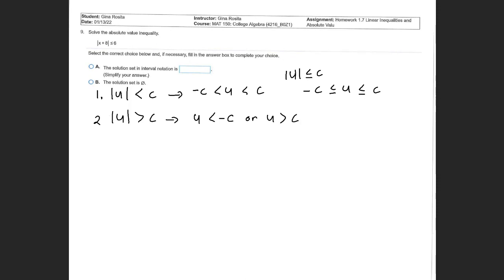It's the same with greater than or equal to: absolute value u greater than or equal to c gives u less than or equal to negative c or u greater than or equal to c. The rule is the same, just change with less than or equal to or greater than or equal to. Now back to the problem.